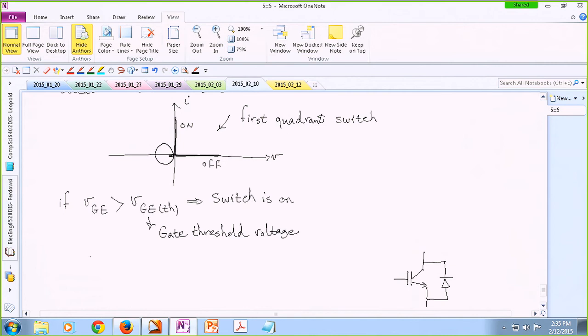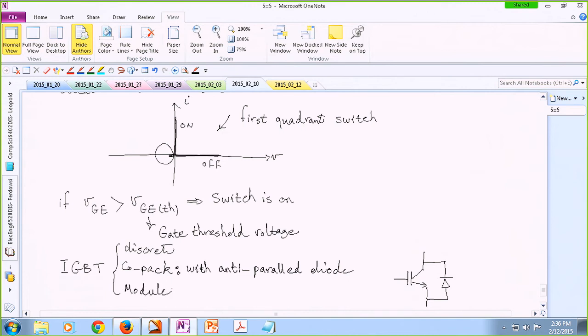So if you are trying to purchase an IGBT, either you can buy a discrete component, you can buy a copack, in which the anti-parallel diode is already added, or you can actually buy modules of IGBTs.